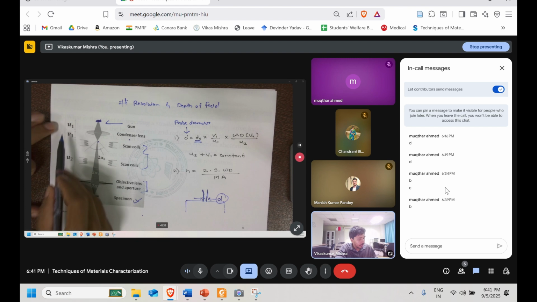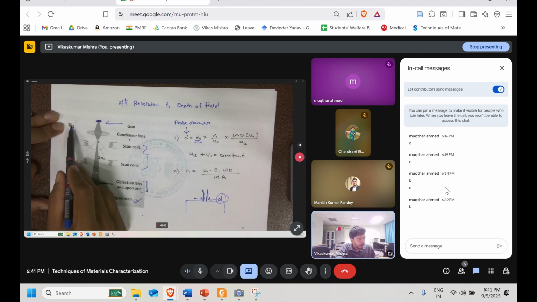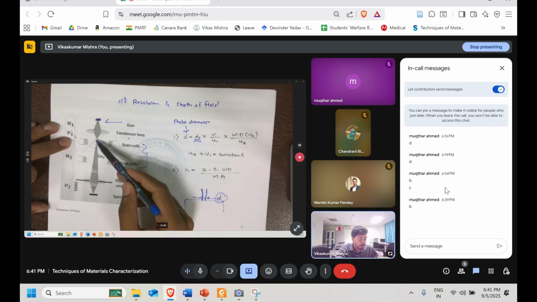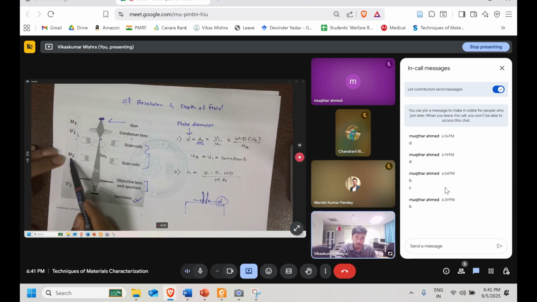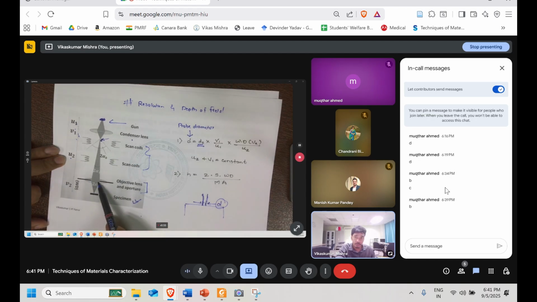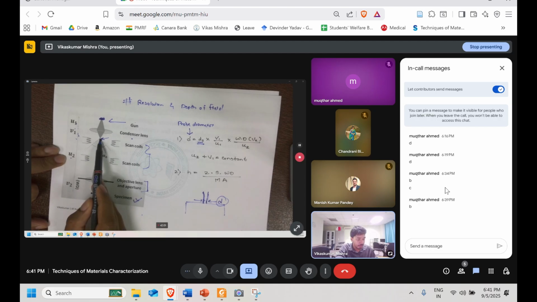Now the important thing is that U1 is the distance between the condenser lens and the electron gun. V1 is the distance between the condenser lens and its focal point. U2 is a different distance: the image generated is going to act as a source, an object, for the objective lens.